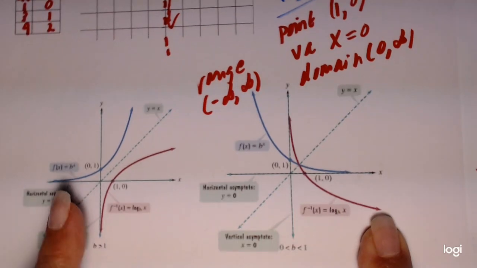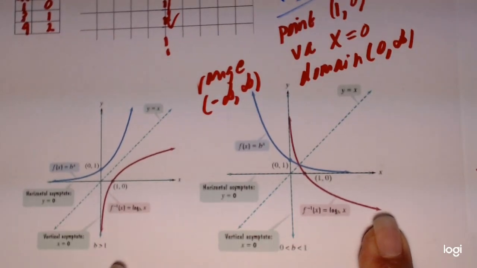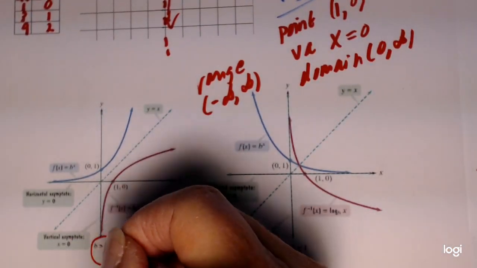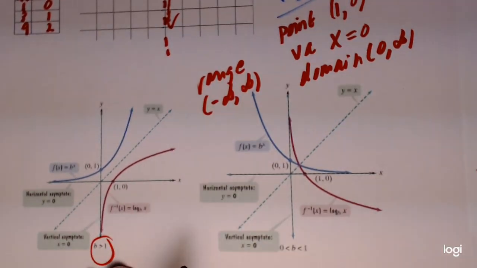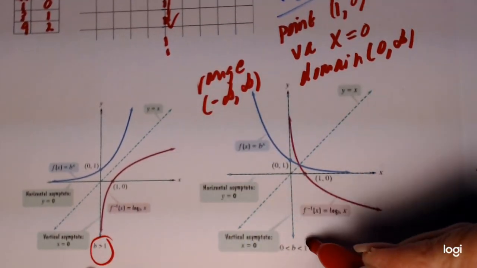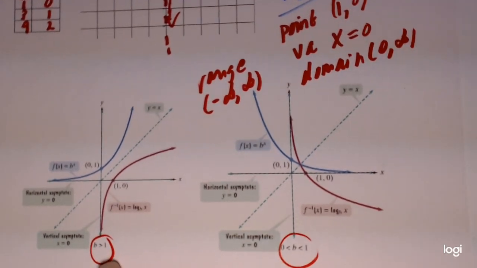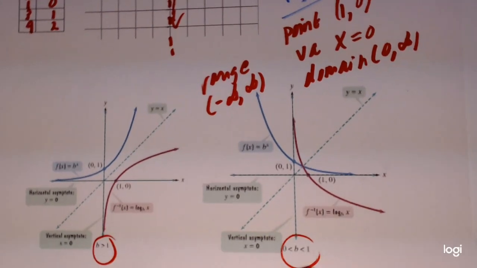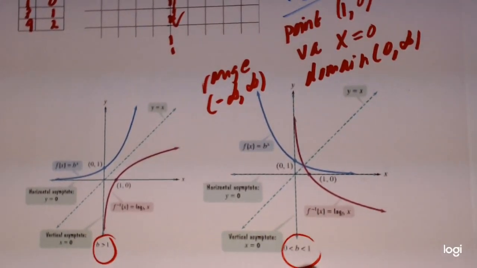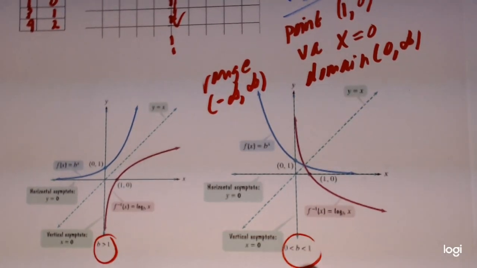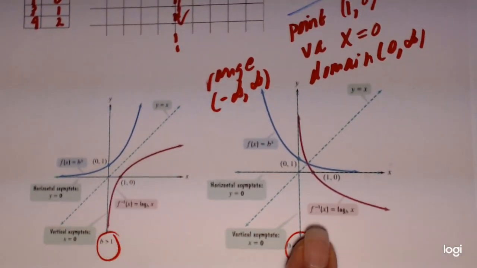So two exponential functions. This is the exponential function when b, the base, is greater than 1. And here, this is the exponential function where b is less than 1, greater than 0, and then its logarithmic partners.